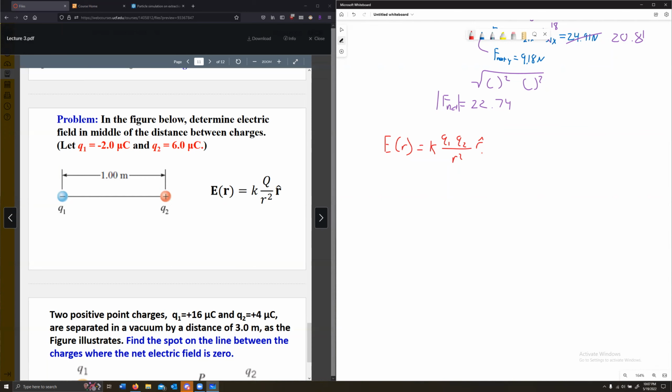Okay, so wait, question. Do any of you guys have the answer to this question by any chance? I don't have the numerical answer, but I have the work that we did. He set it up and said the total electric field was equal to E1 plus E2. Then he plugged in the equations for E1 and E2.